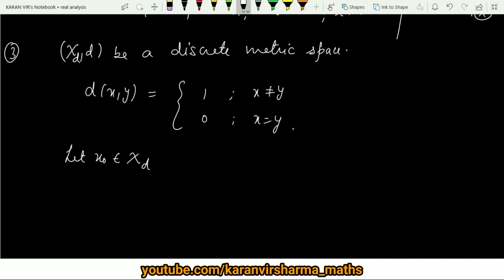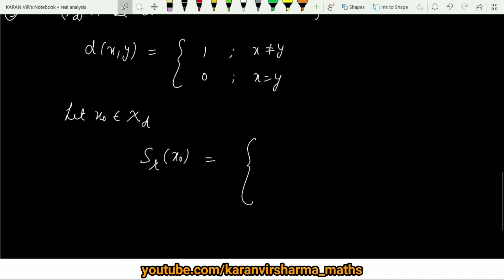So what will be the open spheres centered at x0 with radius r? In order to define this open sphere we need to understand one thing: it always depends upon the value of r.